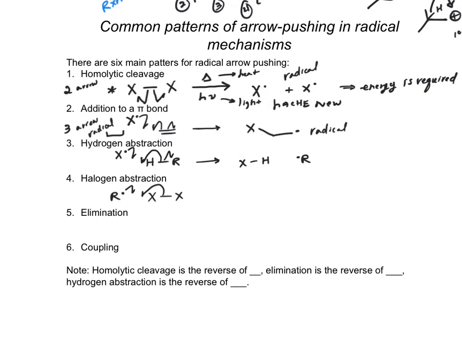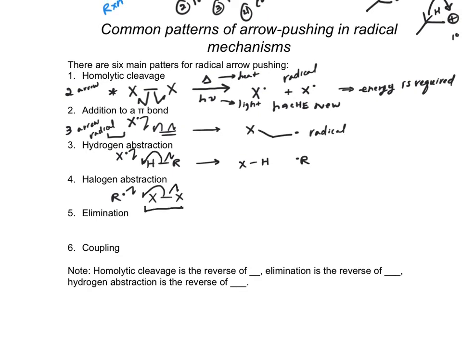The other is going to come from that bond between the dihalide. The other electron is going to be left behind, and we're going to get a new alkyl halogen bond, plus we're again going to generate another halogen-based radical. So this one used three, this one used three. Again, we entered with the radical, we left with the radical, we entered with the radical, we left with the radical.